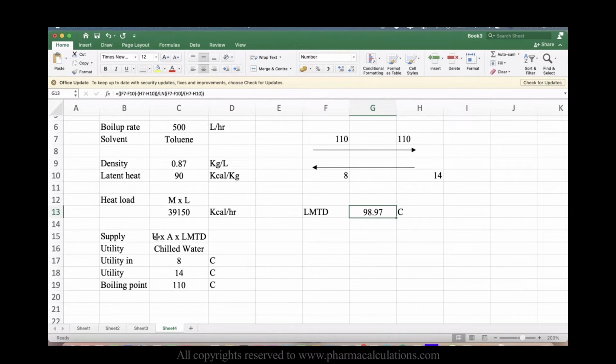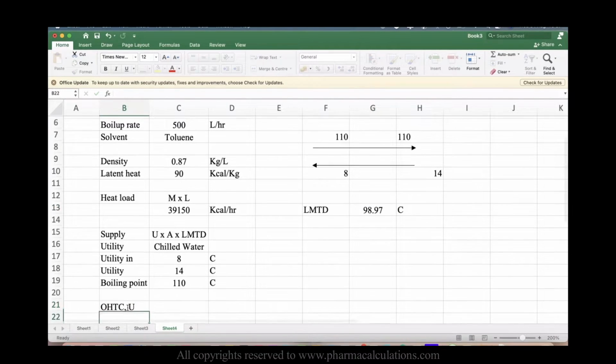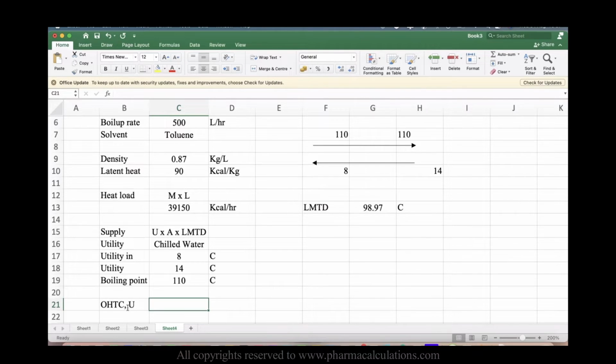Out of the total UA LMTD, we know the LMTD. Coming to U, U refers to the overall heat transfer coefficient. The overall heat transfer coefficient depends upon the thermal conductivity of the material through which we want to perform the heat transfer. If it's SS316 MOC for a specific condenser, we are going to take the overall heat transfer coefficient in the range of 400 to 500 kilocalorie per hour per meter square degree centigrade.